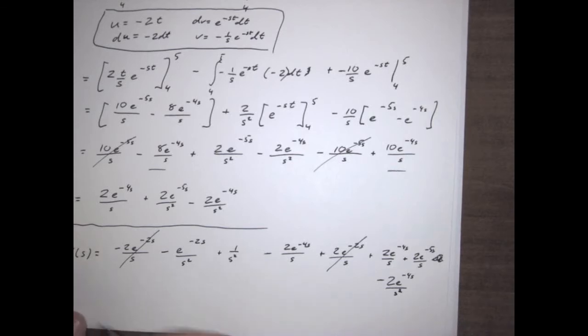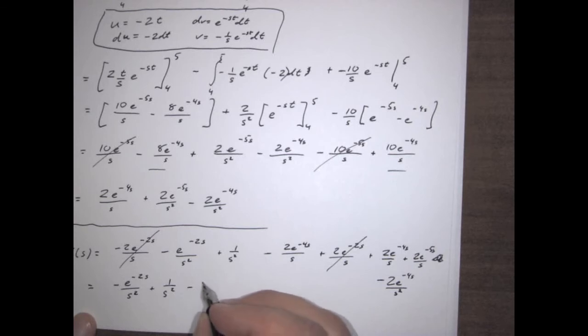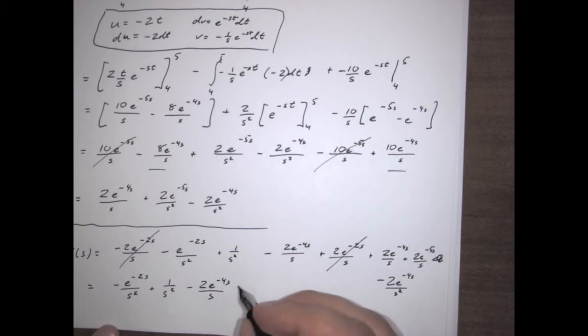So altogether here, when all is said and done, what we have is negative e to the minus 2s over s squared plus 1 over s squared minus 2 e to the minus 4s over s plus 2.